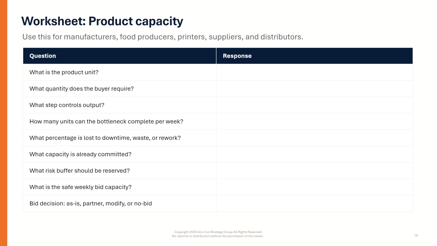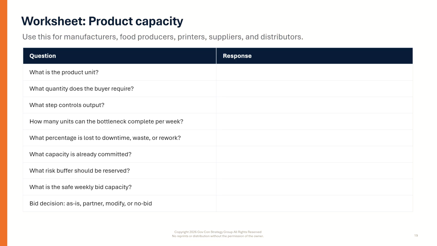You also need to subtract capacity that is already committed to current customers or other contracts. Do not pretend that every hour, every worker, and every piece of equipment is available for this new opportunity. After that, reserve a risk buffer. This gives you room for late supplies, equipment problems, staff absences, quality issues, or unexpected buyer requests. The number you have left is your safe weekly bid capacity.